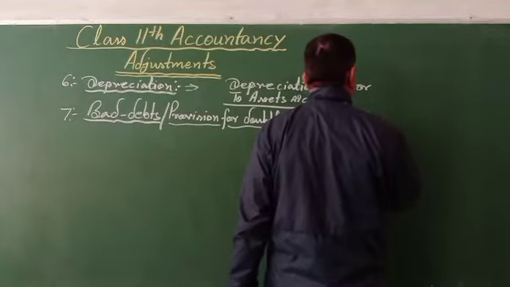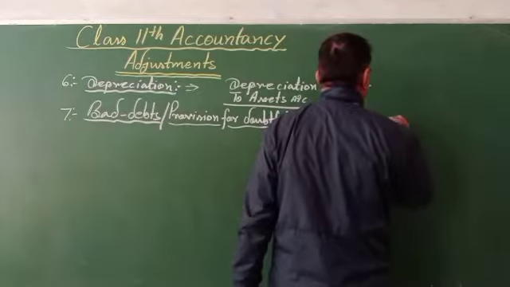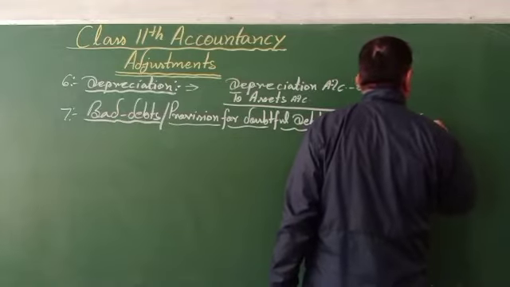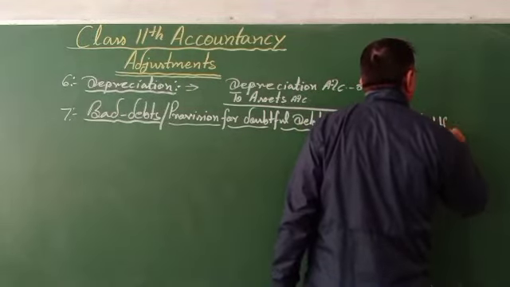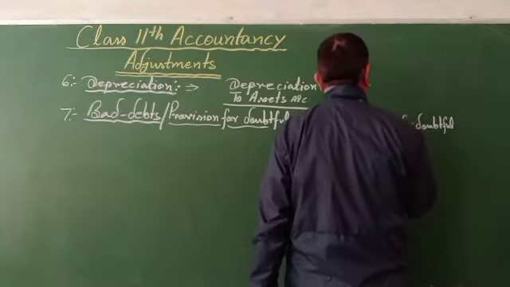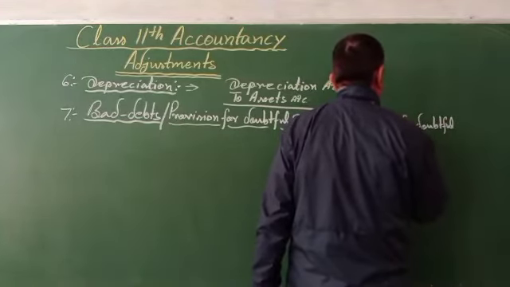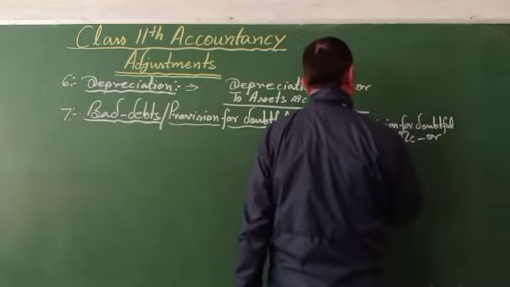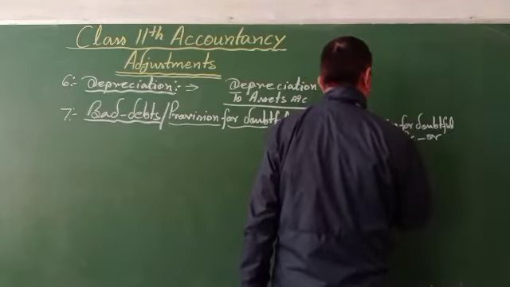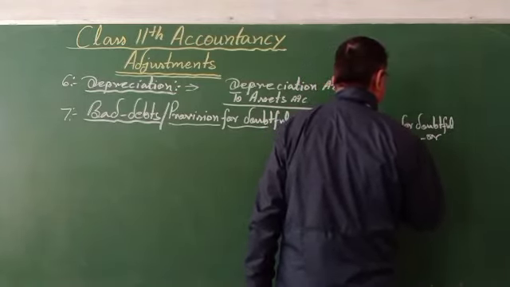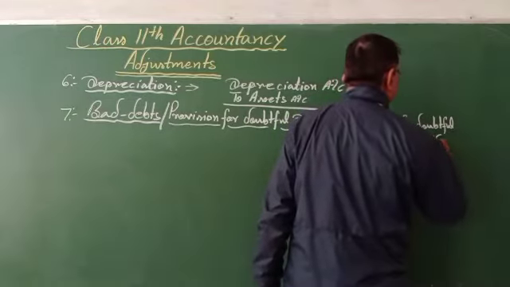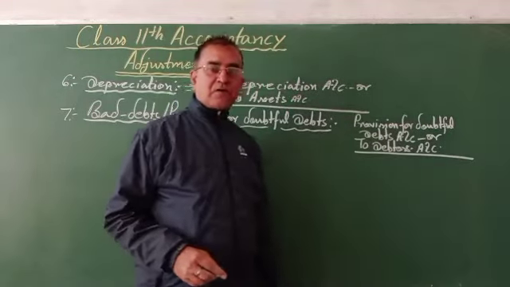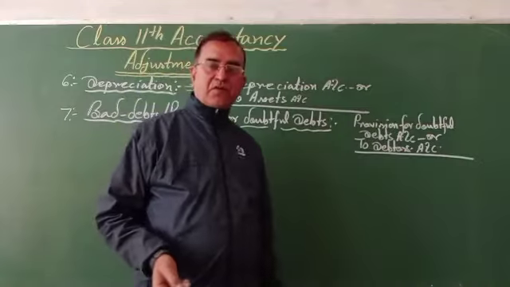Provision for doubtful debts account debit, to debtors account. This is the journal entry. After that, it is transferred to the profit and loss account.